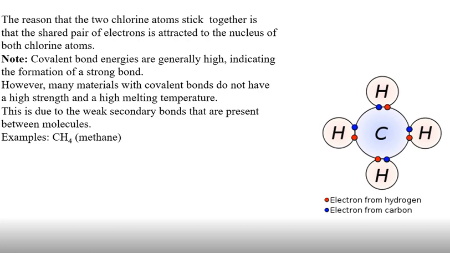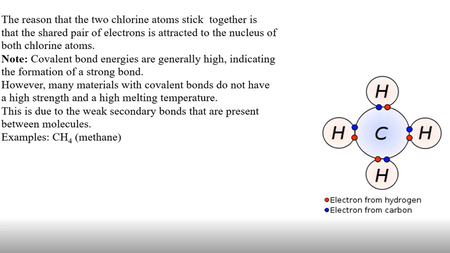Each atom does not try to escape from the bond because they are sharing something. The other atom does not like to remove the other, right? Both are held by sharing forces, so that is a very strong bond.